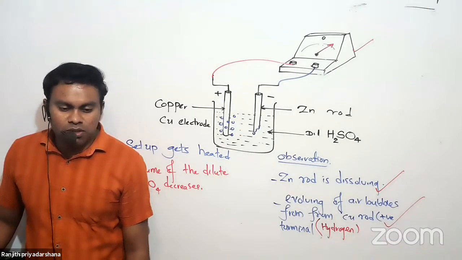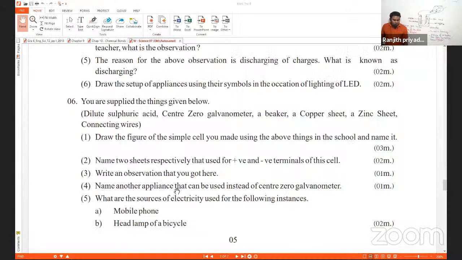Yes, now I'm going to share the paper again. Name another appliance that can be used instead of a center zero galvanometer.